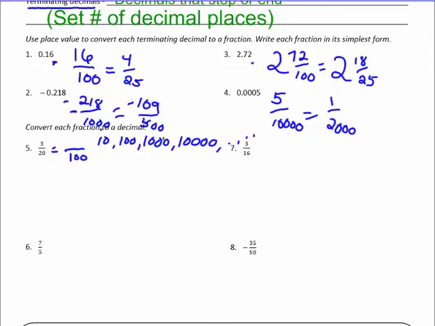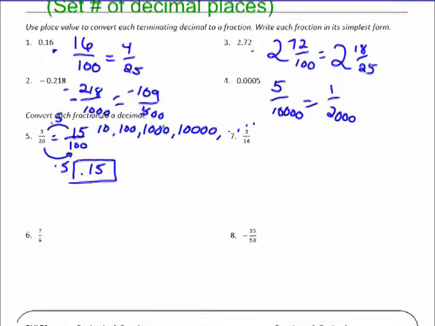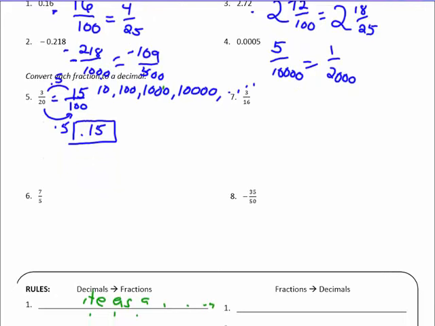To get from 20 to 100, I had to multiply by 5. To get from 3 to whatever, I have to multiply by 5, so that's going to give me 15. Now I can turn it into a decimal, because I have 2 decimal places, so this has to be 0.15. All right, for number 6, I have 5, and I know 5 does go into 10.